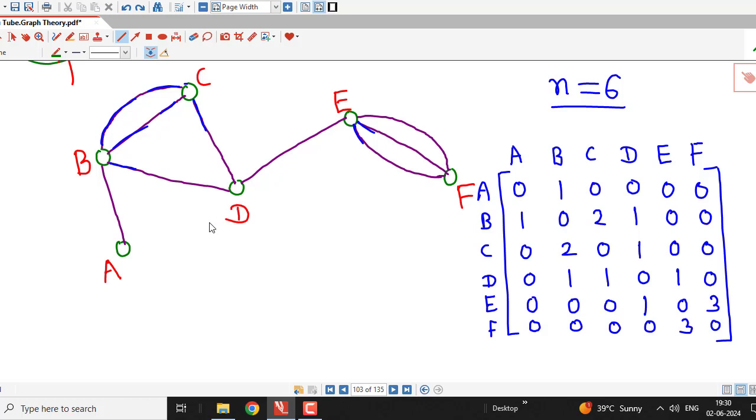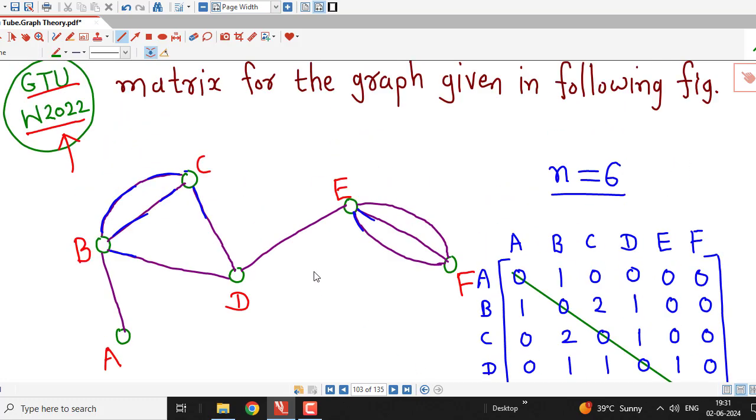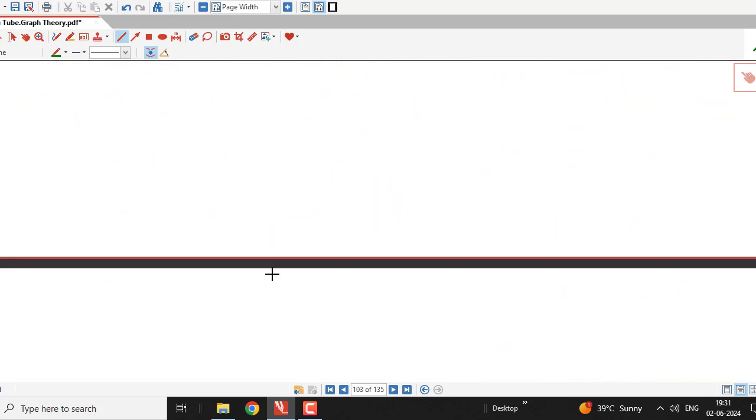And if your graph is undirected and the adjacency matrix is not symmetric, that means you have made some mistake. Similarly, if there are no loops in your graph, then all the entries on the main diagonal are 0. So this is a cross check for the adjacency matrix. Otherwise it is very easy to write down the adjacency matrix.